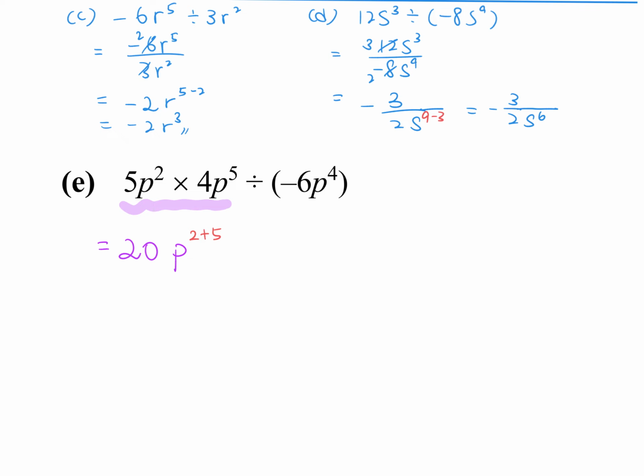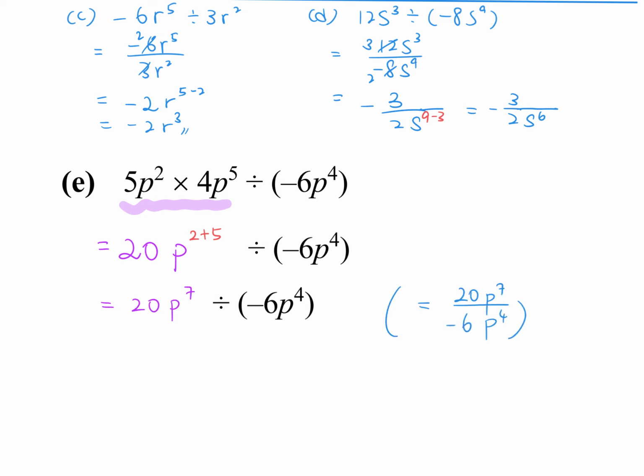And the same for the second part. Okay, so the first part becomes 20p to the power 7. And then we have a division of negative 6p to the power 4. Don't forget you can rewrite as a fraction, and there are more p in the numerator. At the end, it will stay in the numerator.